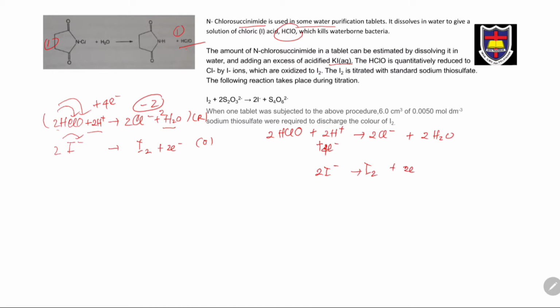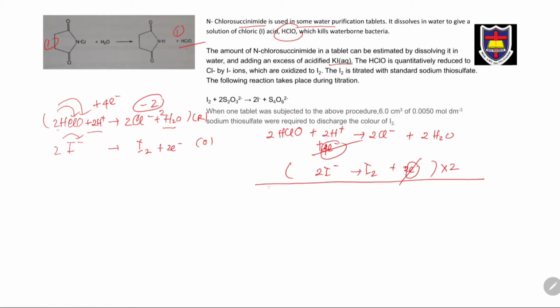Then we make the number of electrons the same by multiplying by 2. Then we discard the electrons.